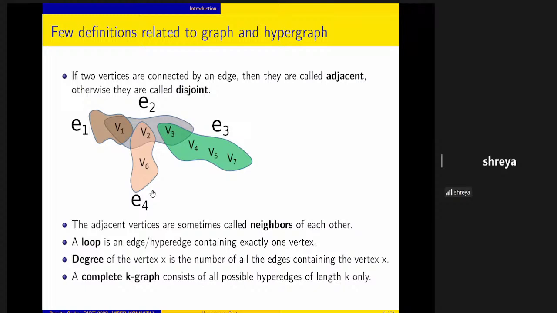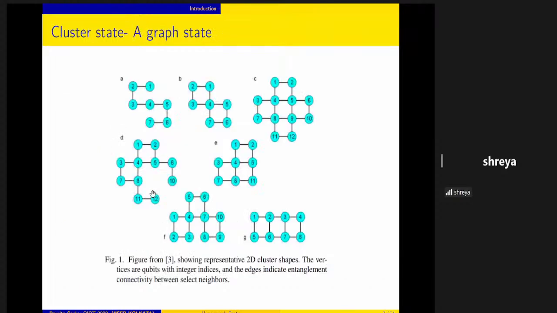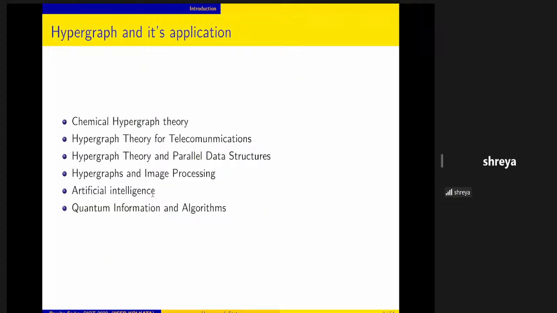A complete K graph consists of all possible combinations of hyperedges of length K. If we consider a complete 2 graph, it will be all possible combinations of edges of length 2. And typically a cluster state can be told as a graph state, and as a graph is itself a subset of hypergraph, the cluster state can be defined as a hypergraph state too.